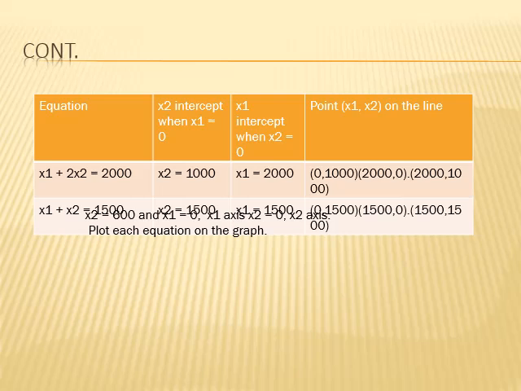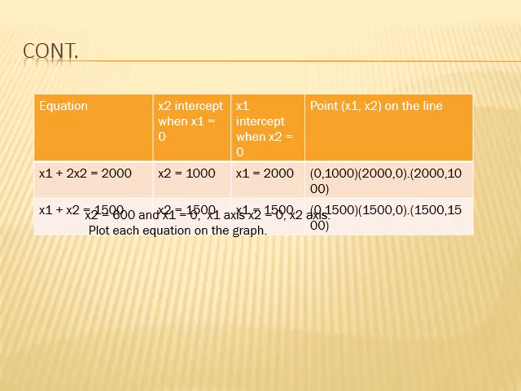If x1 equals 0, then 2x2 equal 2000, so x2 equal 2000 over 2, which is 1000. If x2 equal 0, then x1 equal 2000.